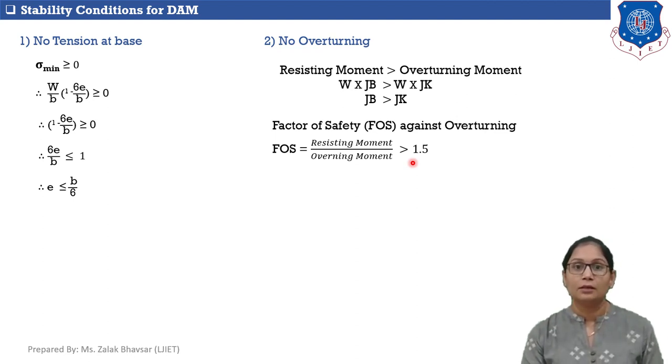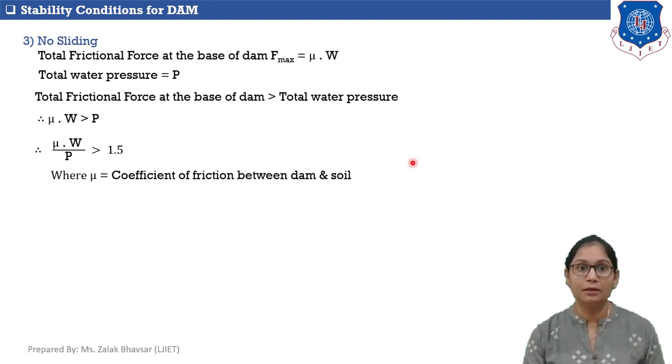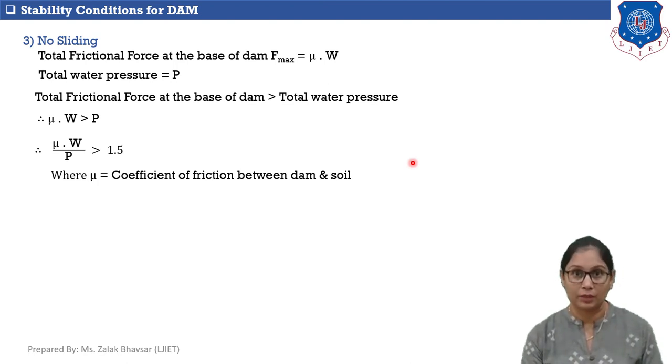Now let's move to our next stability condition, which is no sliding. We know that the dam structure always supports water behind it, so there is a possibility of sliding.